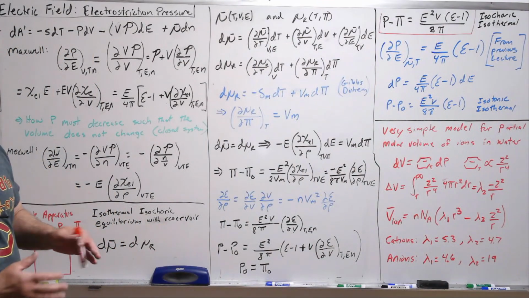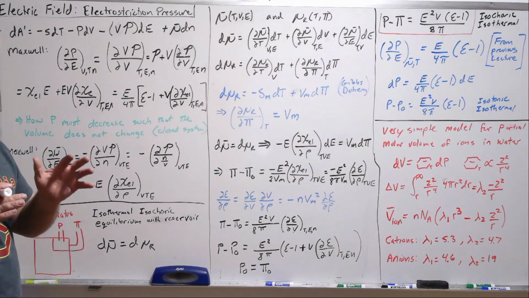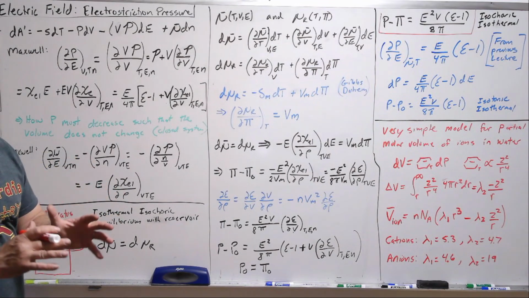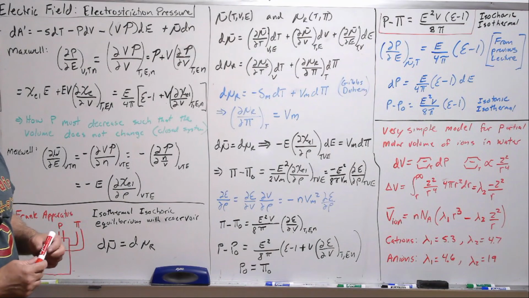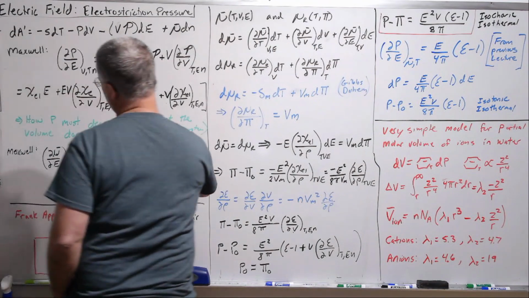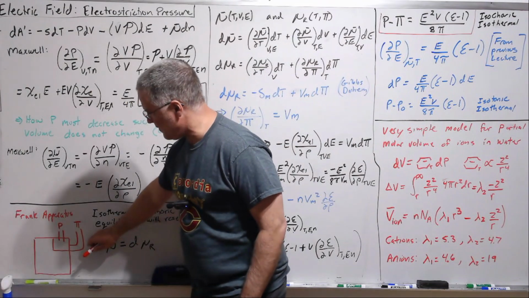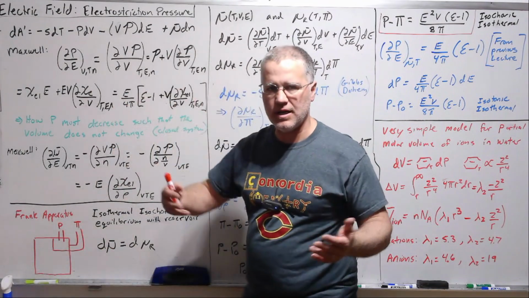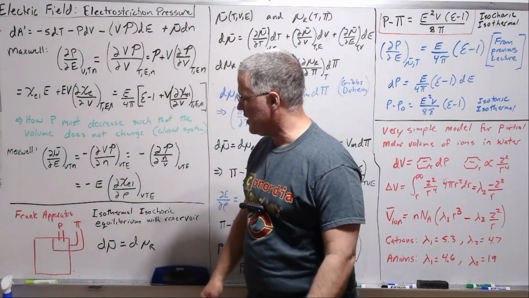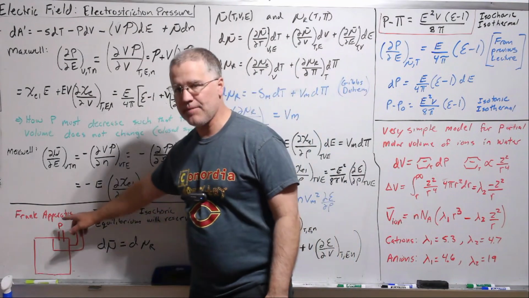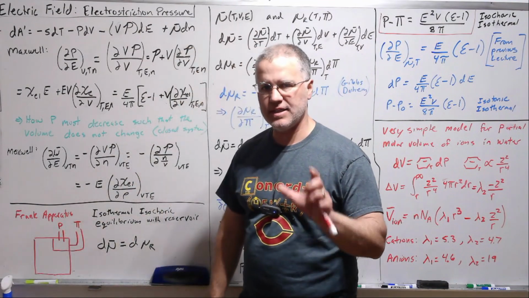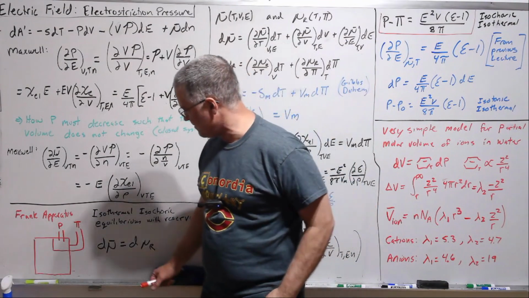So we've been talking about the effects of the electric field on the volume of the material. Let's just remind ourselves of the background apparatus that we're using for these thought experiments, and that's the Frank apparatus. I went through that in the first lecture of the series.